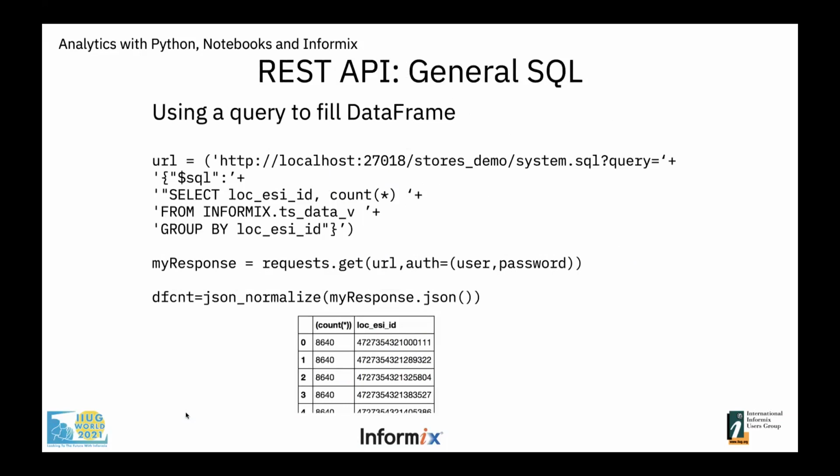But you can also run a more complicated SQL query. And that's very similar to the above code. We are just using a different URL. In that case, the endpoint starts in the same way. We specify the name of the database, but then instead of specifying a table name, we are saying system.sql and then question mark query equals, and then follows a string.